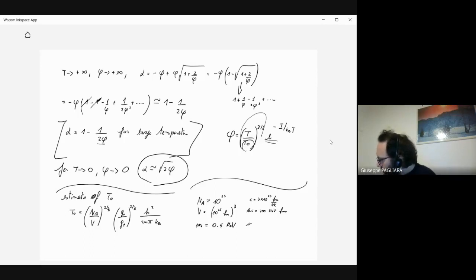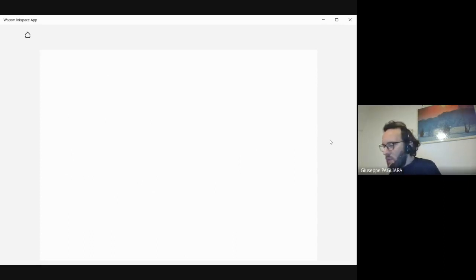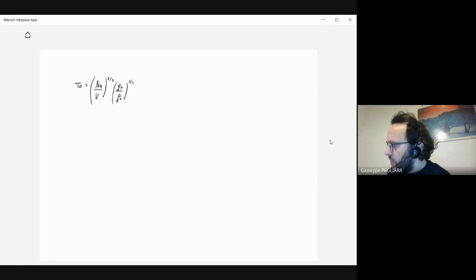And in natural units, kB is equal to 1. So the Boltzmann constant is equal to 1. Okay? So this formula of T0 is now Na divided by V to the power of 2/3. Then we have G0 divided by G plus to the power of 2/3.